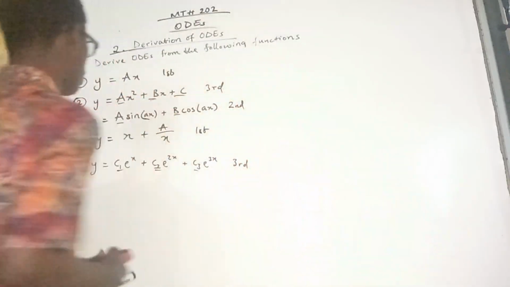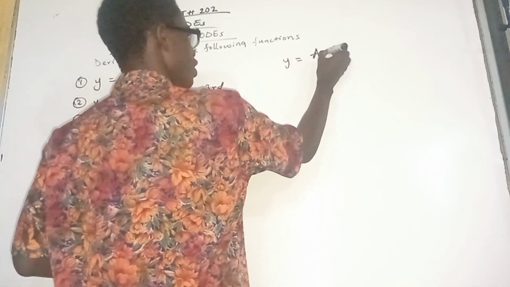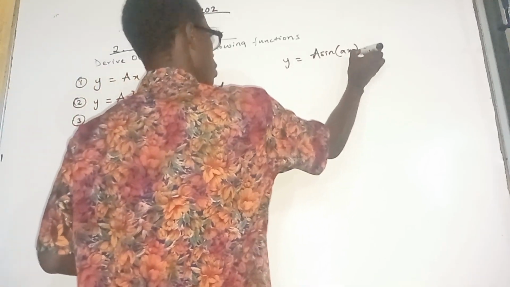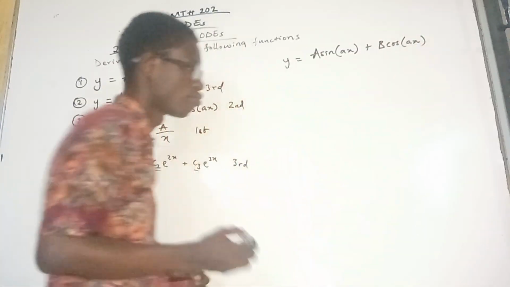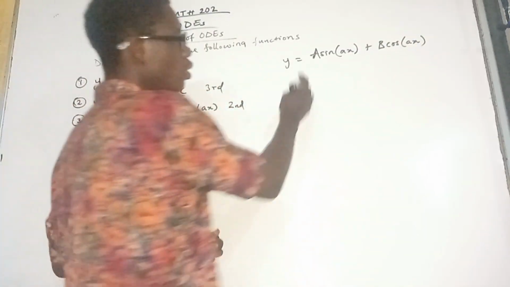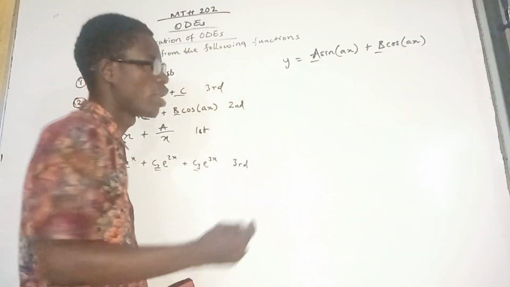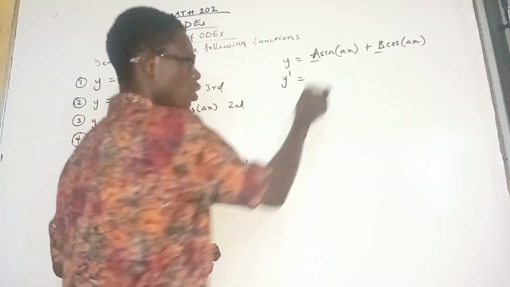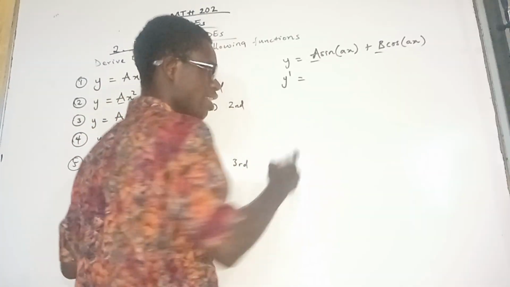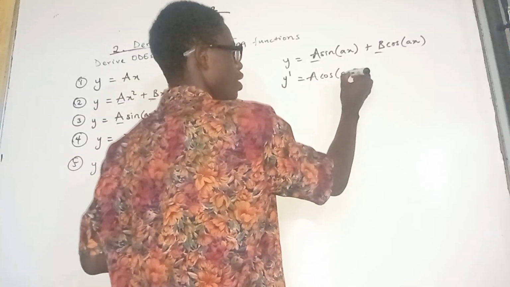Going to the third question, we have y equals a sine ax plus b cos ax. So this has two arbitrary constants, which means I'm differentiating twice. The first derivative gives me y prime equals, this is sine. When I differentiate sine, I get cos, right? A is a constant, a cos ax.